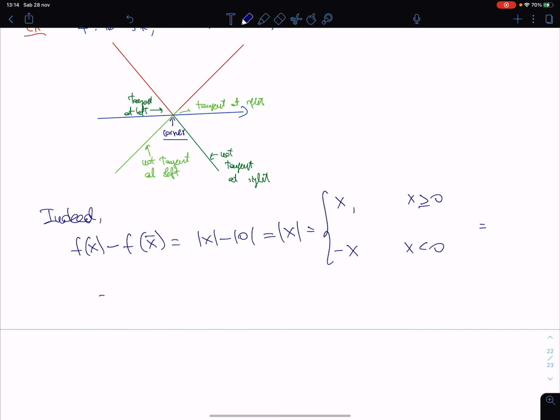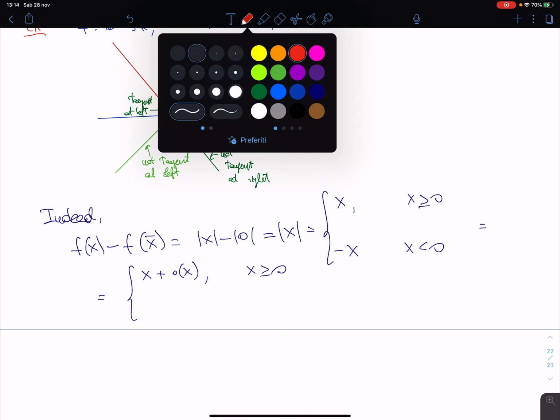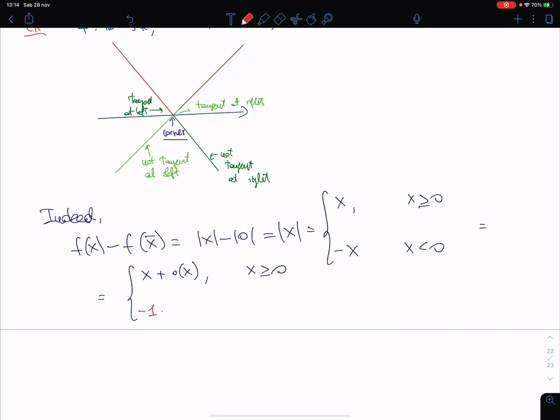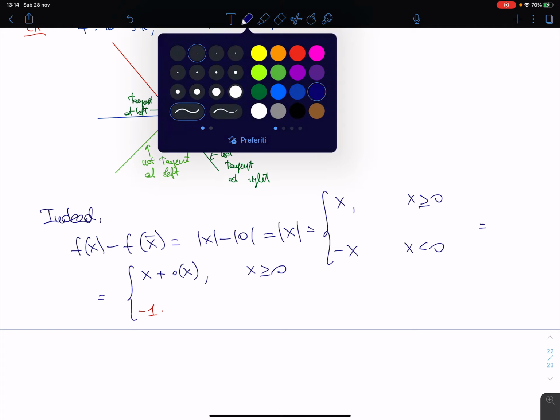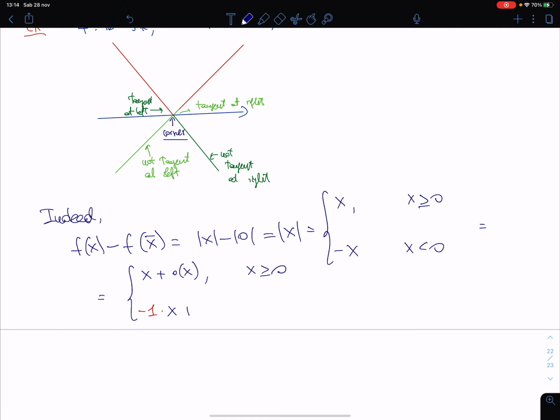And this is equal to what? To x plus 0, which can be described as x plus little-o of x for x larger than 0, and here, let me write it, minus 1 times x plus little-o of x, for x smaller than 0.